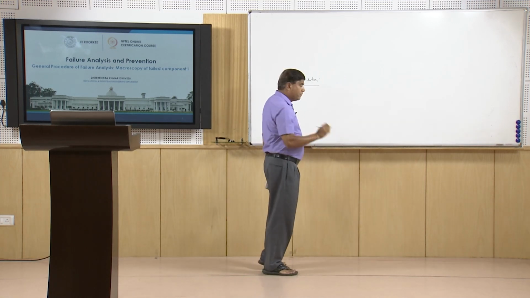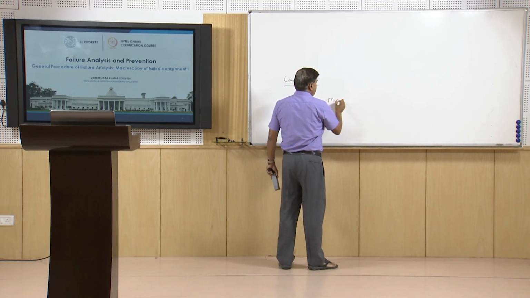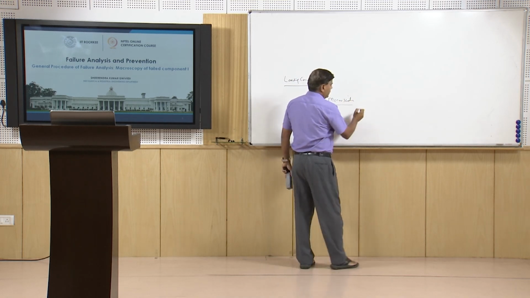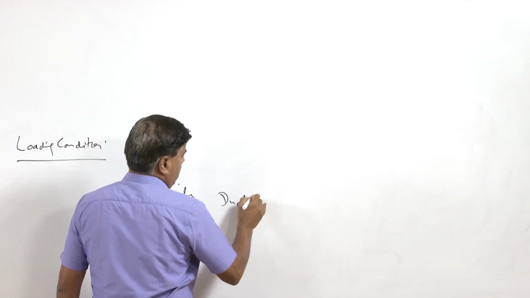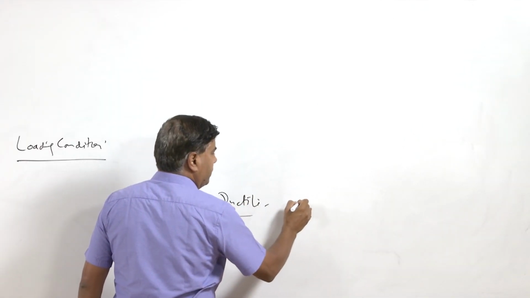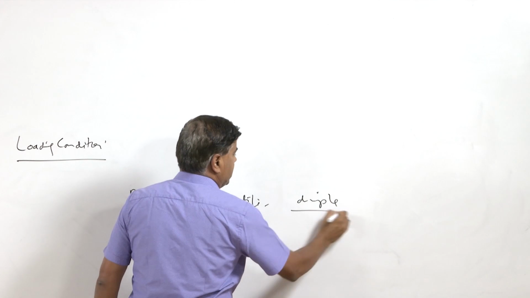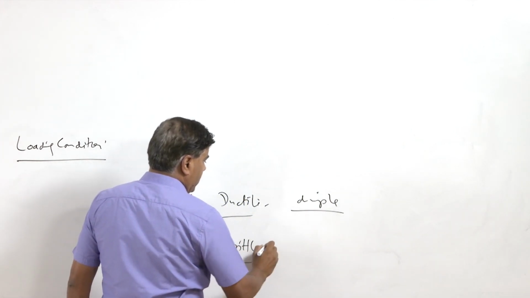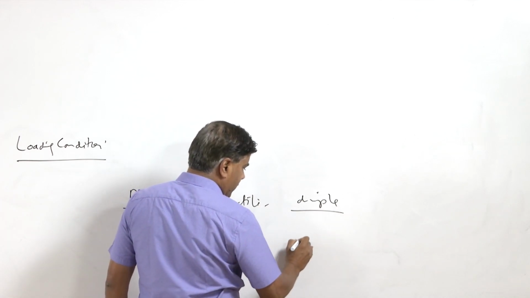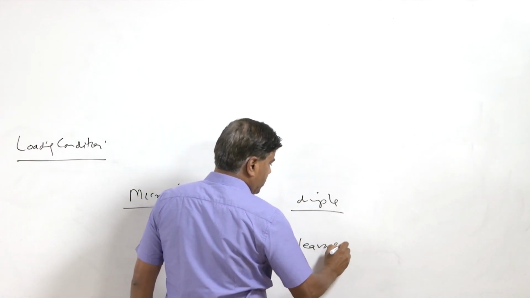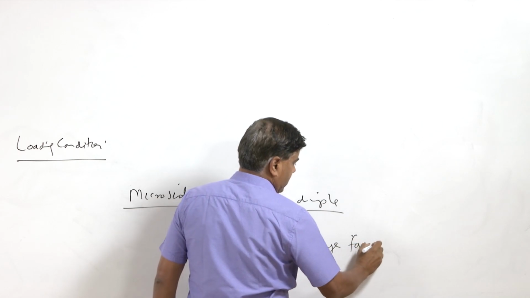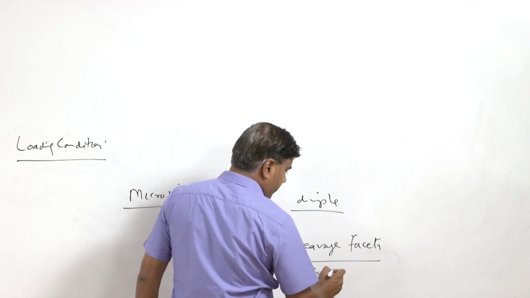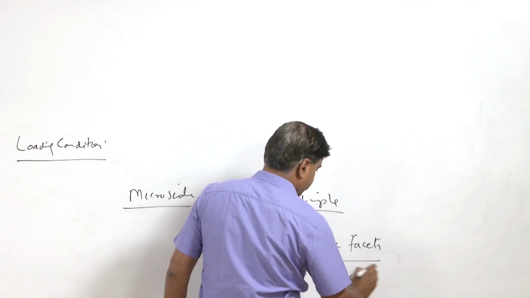Based on microscopic observation, the ductile fracture is indicated by the presence of dimples, while the brittle fractures are indicated by the cleavage facets, or it can be the intergranular fracture.